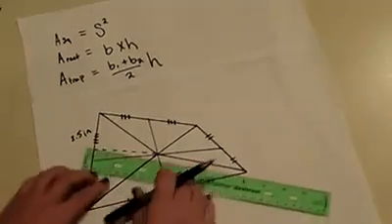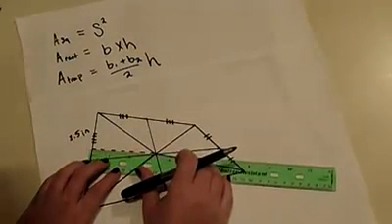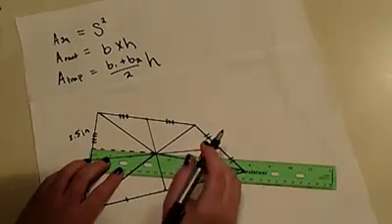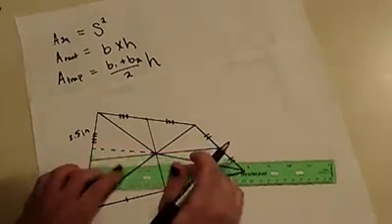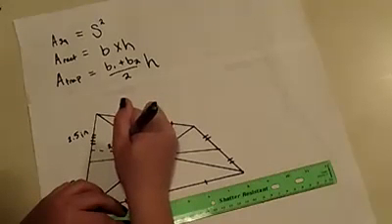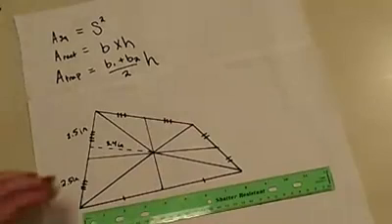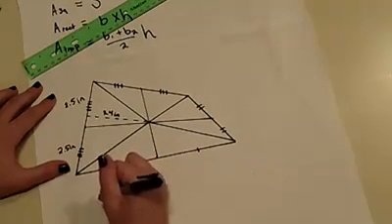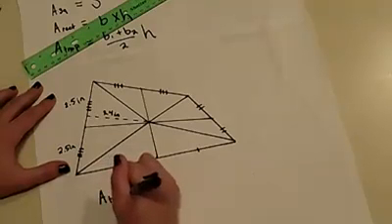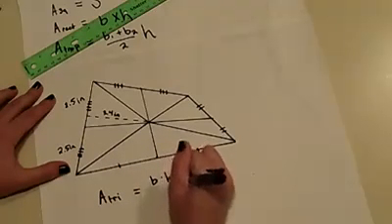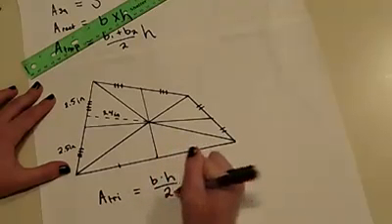We can measure the height and find that the height is 3.4 inches. We know that the area of a triangle is equal to base times height divided by 2.